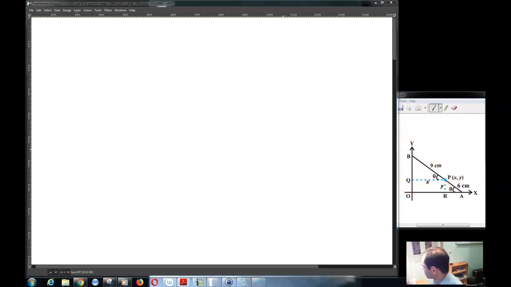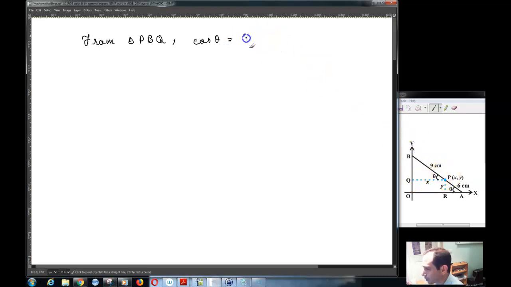From triangle PBQ, if you calculate cos of theta, it is equal to x divided by 9, because it's the adjacent over the hypotenuse.